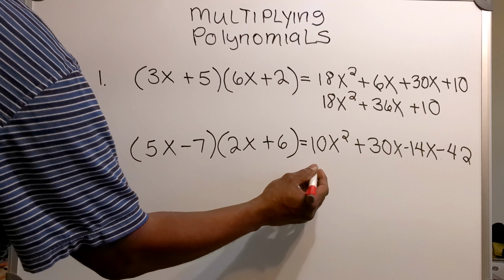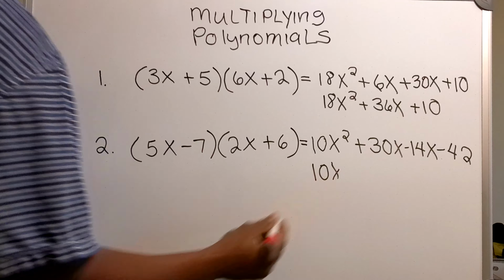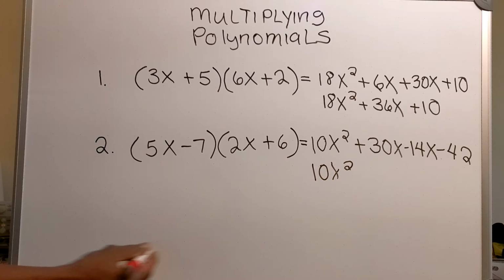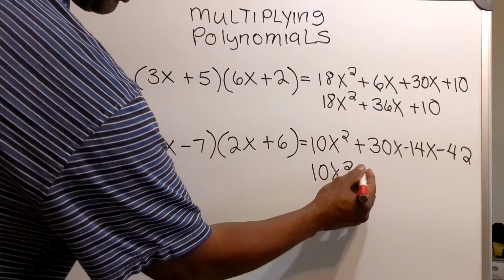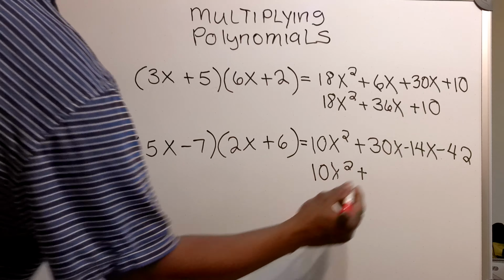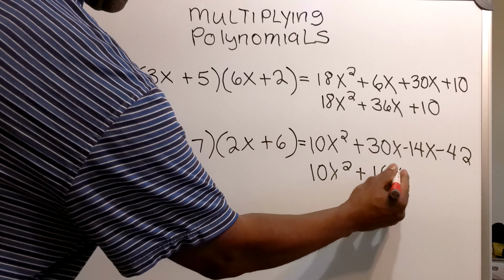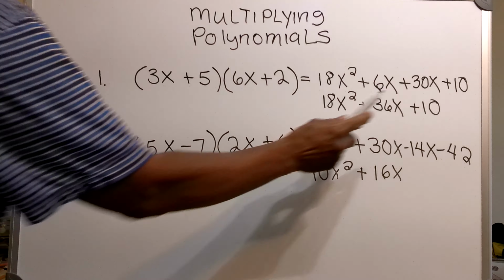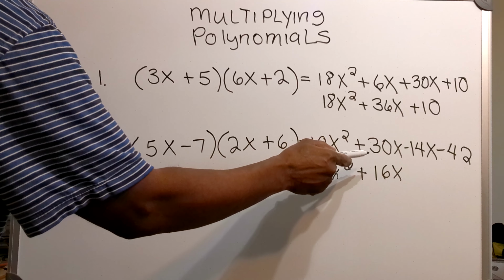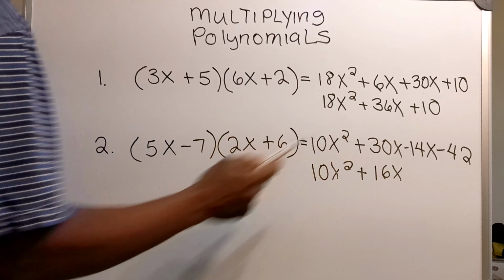Then I simplify. This will give you 10x squared plus 16x because I subtracted 14x from the 30x, and 30 minus 14 will give you 16.